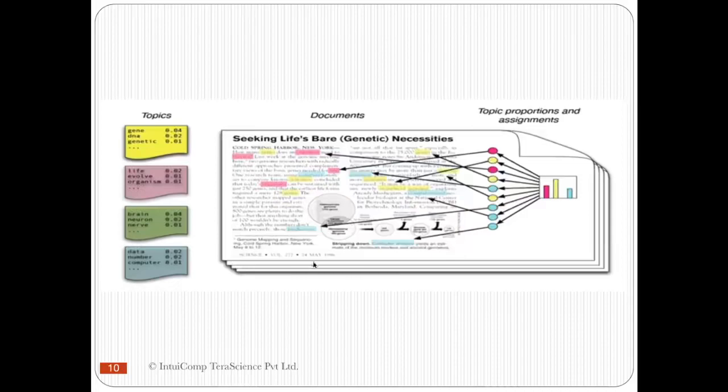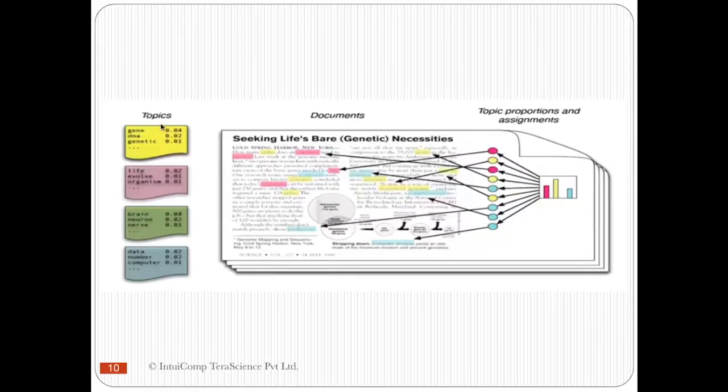Okay, this is the previous science journal. Now, the topics generated are essentially a probability distribution. The topic number 1 is colored in yellow and it has words such as gene, DNA, genetics, and other sequences and other words.